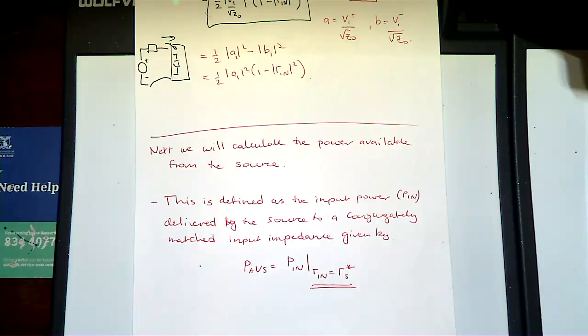What's the relationship between the load and the source impedance in order to get maximum power transfer? It's close, but not exactly. It's equal if it's real. What happens if it's imaginary? Sorry? It's conjugately matched. Right? That's the only thing I was trying to make sure that you said.